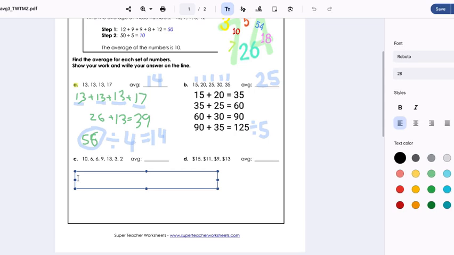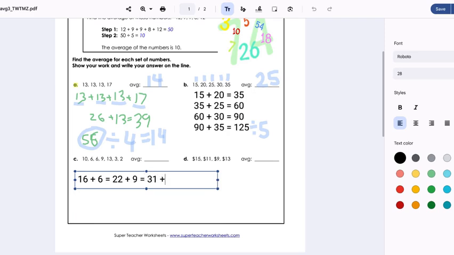We've got 10 plus 6 is 16. 16 plus 6 equals 22. What's our next number? Our next number is 9. So 22 plus 9 equals 31. Our next number is 13.